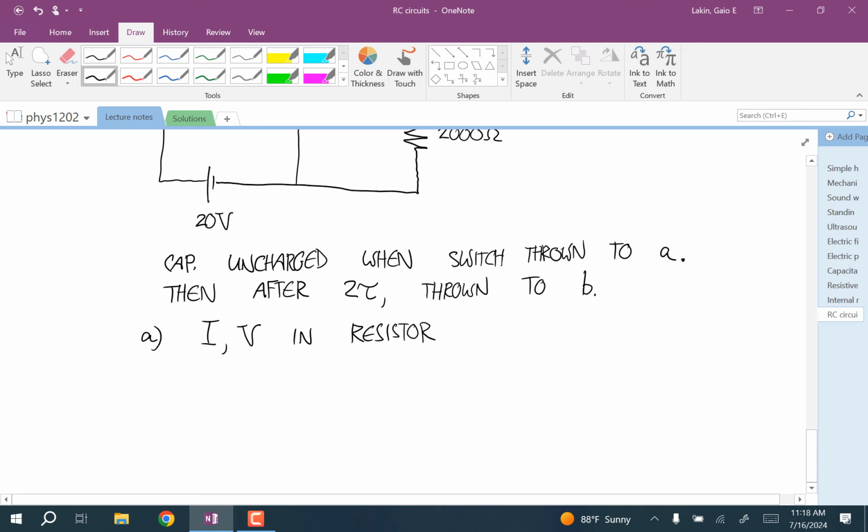And these are both going to be functions of time. And then second, we want to calculate the current and the voltage in the resistor during discharging.